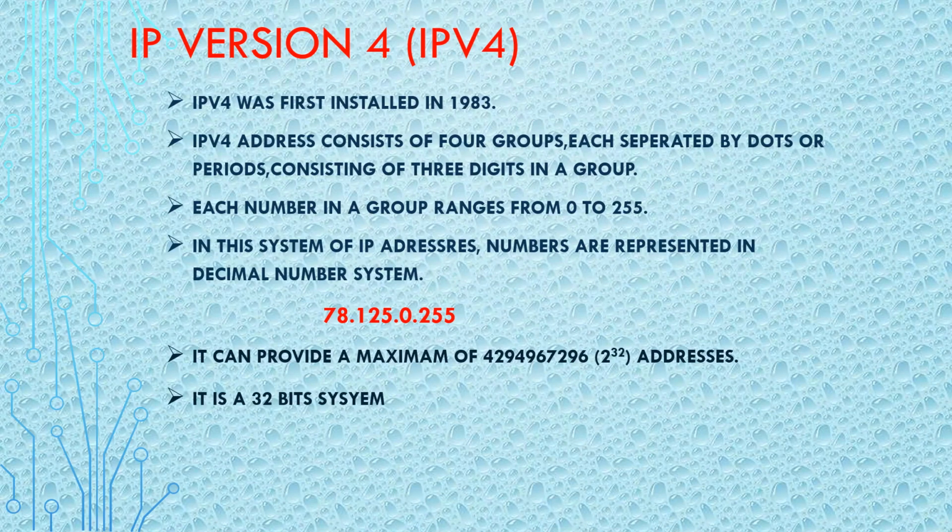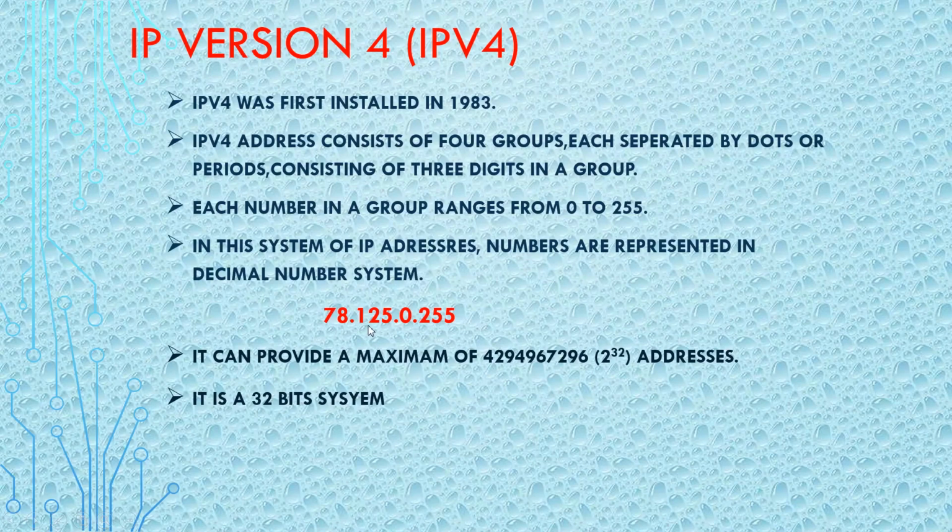An IP version 4 address consists of 4 groups. As you can see, this is a static IP address. This is IP version 4. It consists of 4 groups, each separated by dots or periods. Each group consists of a maximum of 3 digits.